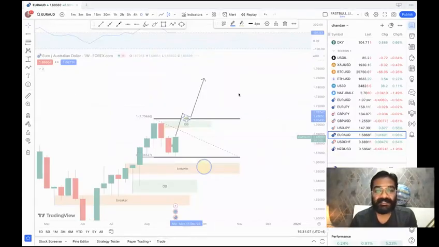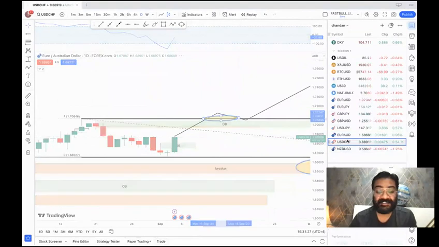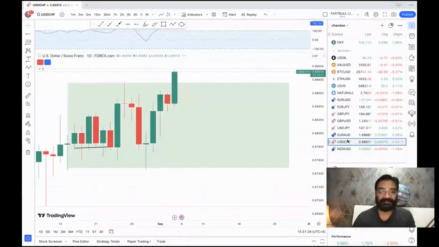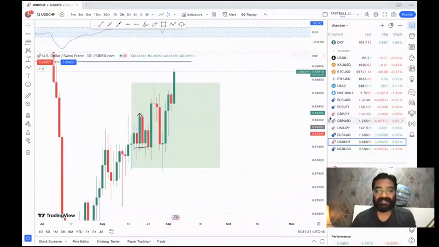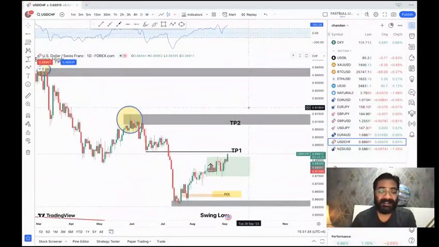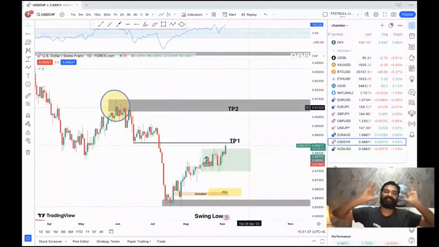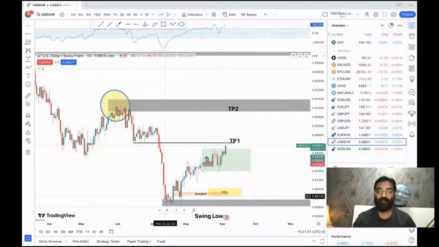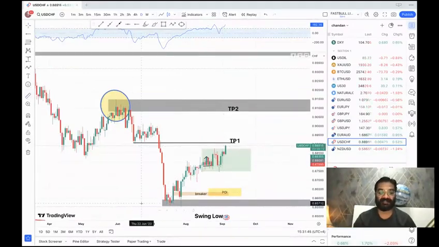Okay, let's move ahead and have a look at USD CHF. The USD CHF on the daily chart. I don't know, man. This USD CHF is having so much bad price action. Look at this. How many candles in such a small distance? How many pips are there?